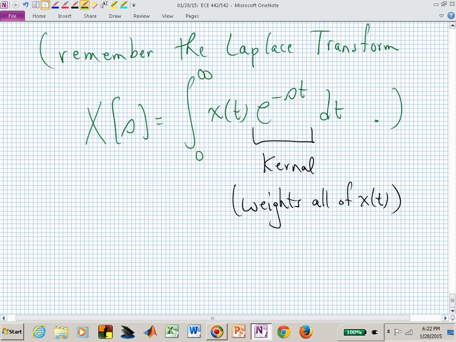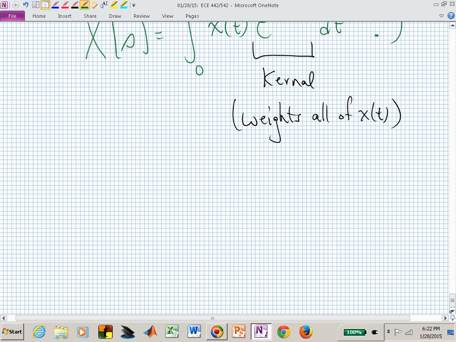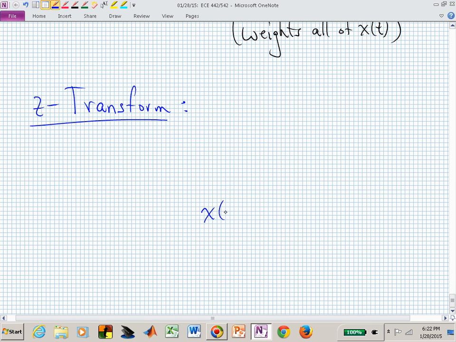And we can look at two different kinds of z transforms. But the idea is the same. We take our time domain waveform, little x of n, we weight it by some complex number, z is a complex number. Let's just scale it by z to the minus n.